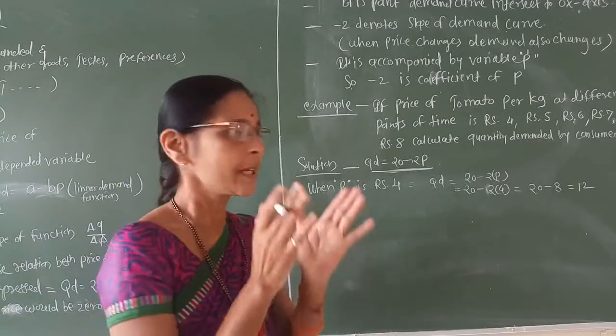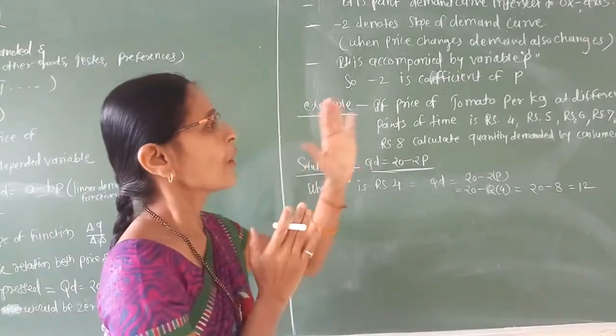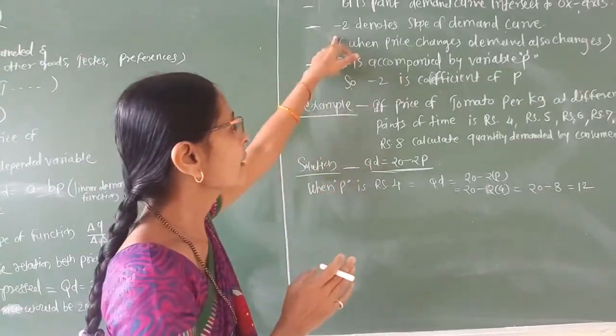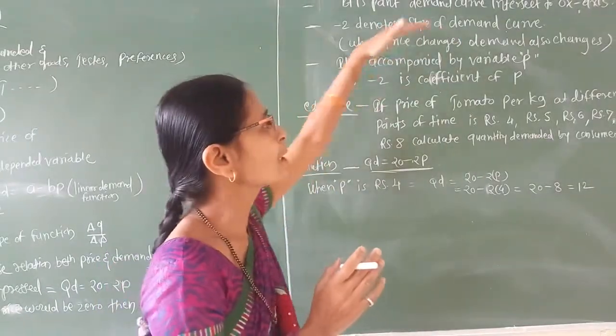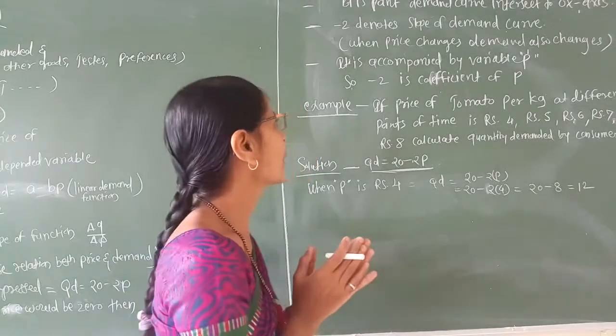Intersect means to touch the OX axis. And the minus 2 denotes the slope of the demand curve.